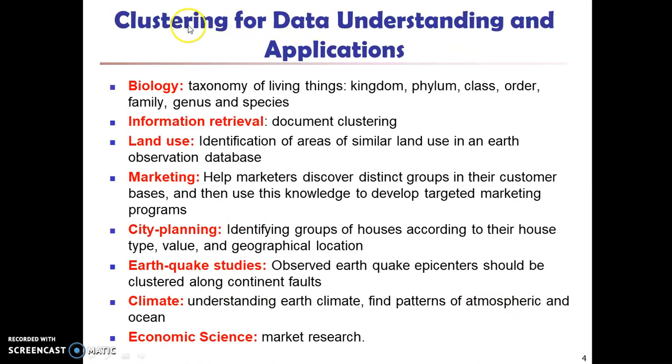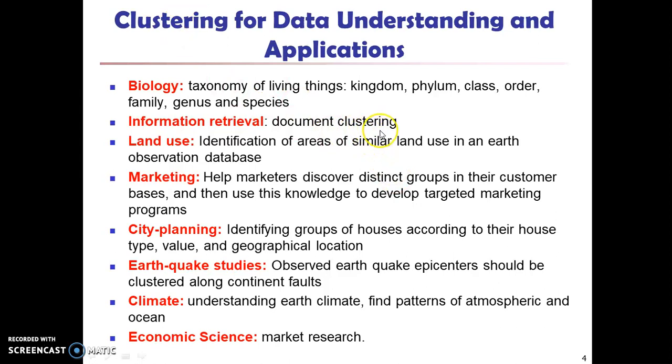And where are we applying the clustering concept? So we have different fields. In the biology field, we are using this clustering concept, like grouping classes, order, phylum, family, genes and species. When you go for information retrieval, there we have a number of documents. To collect relevant documents, we are using the clustering concept.